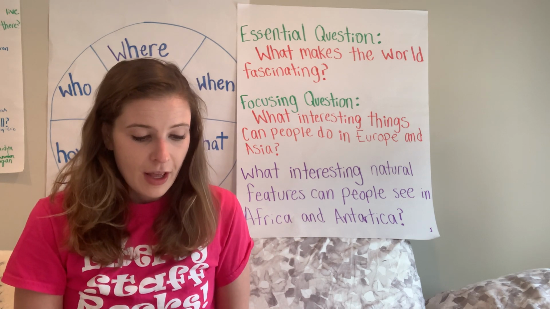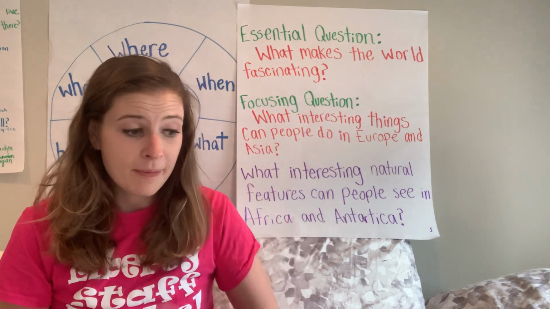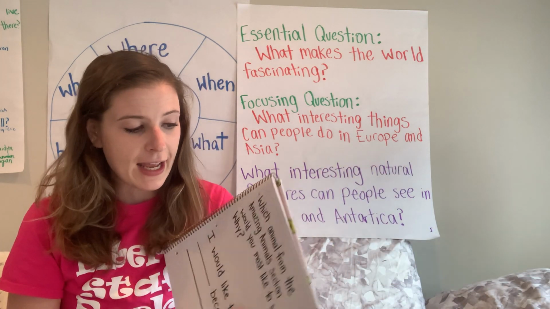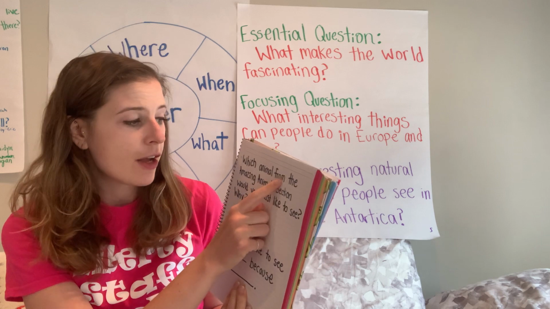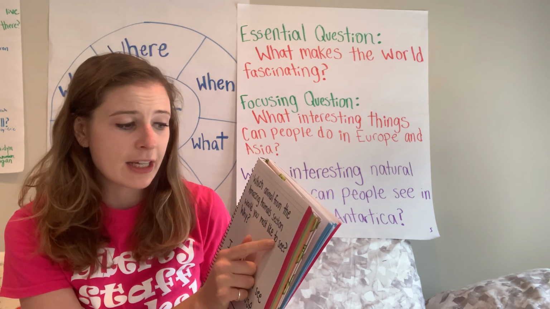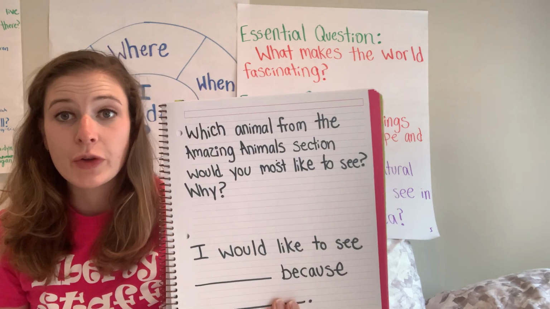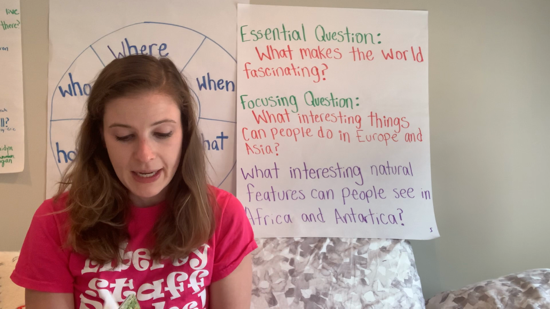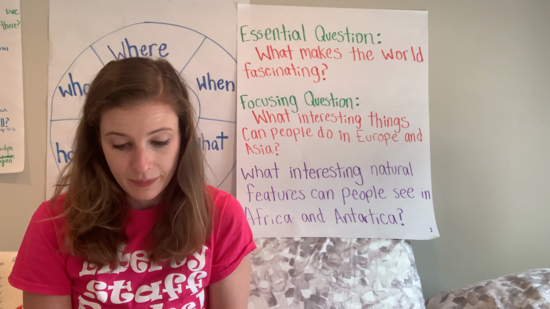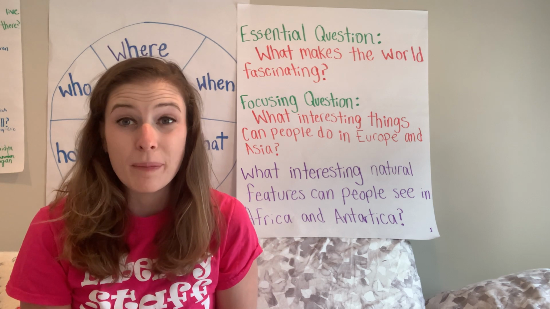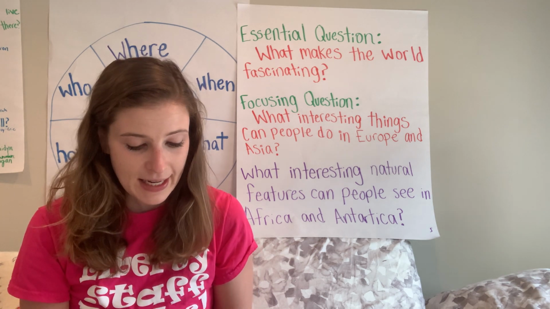All right, what we're going to do today for writing is look at our question that says, which animal from the amazing animals section would you most like to see? Why? So that's our question. So we're going to talk about the amazing animals in Africa section, and you need to pick which animal you would most like to see.